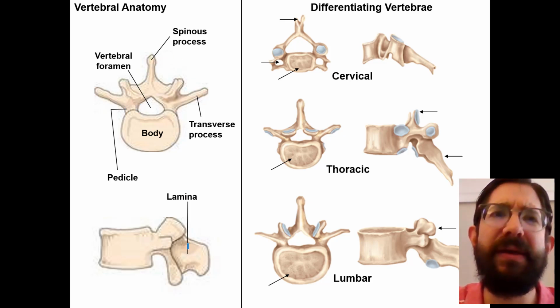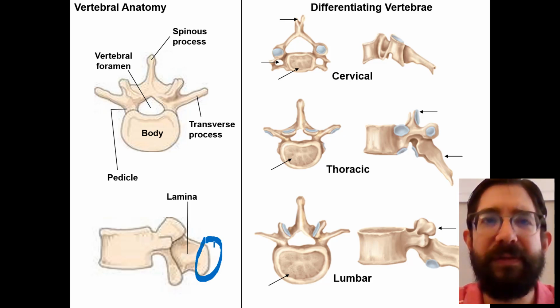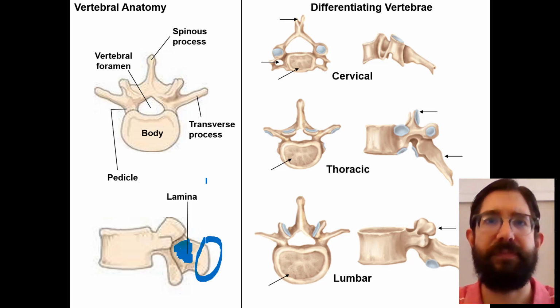And last is lamina. Lamina is like a thin layer or sheet. So not the spinous process, not the pointy nose of the vertebrae, but just behind that is the lamina.